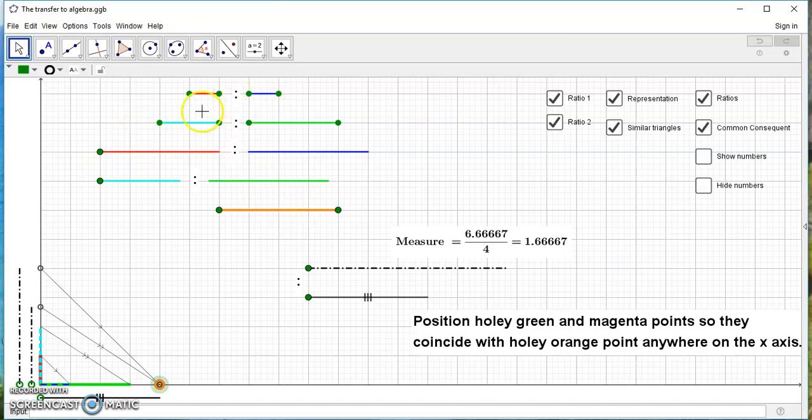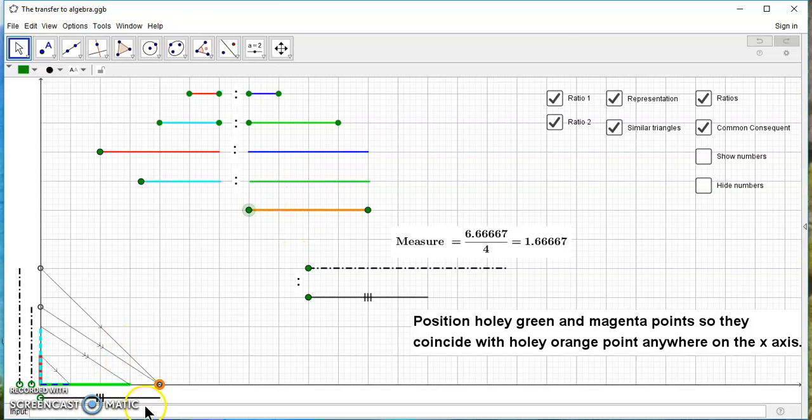Similarly, this ratio here has been transferred to this ratio with the same consequent. So now both these ratios have the same consequent, and this is the consequent that they have. If we move it away, then it's no longer the consequent.